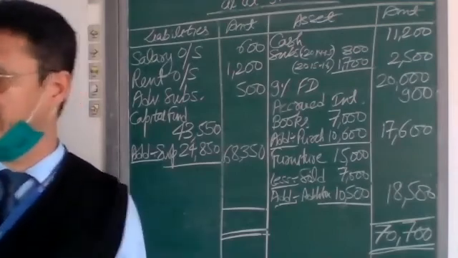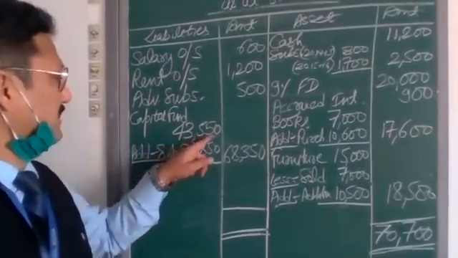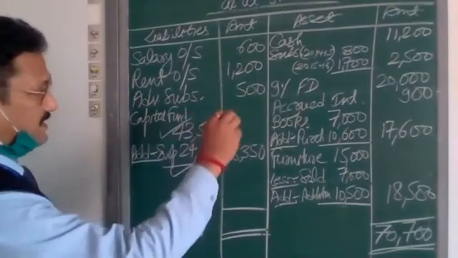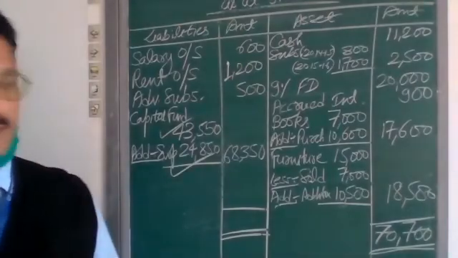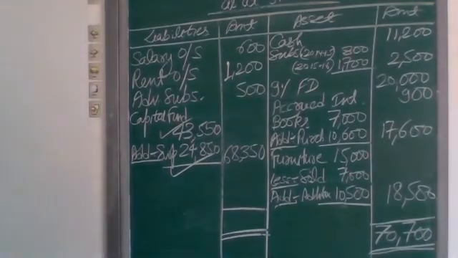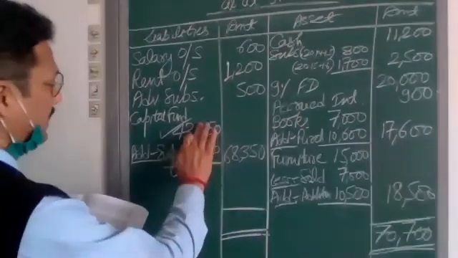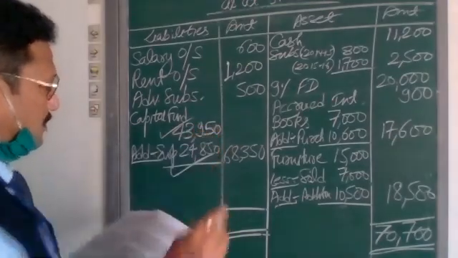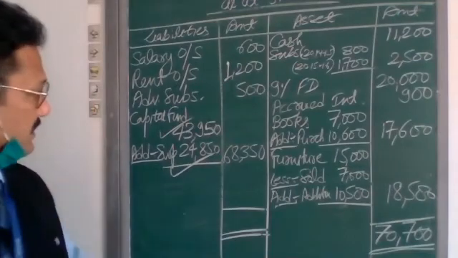Archie is able to see from there so closely. 43,550 capital fund, surplus we have already calculated, so it means it is correct. Total. I said 550, and there we had written 500. Total it.